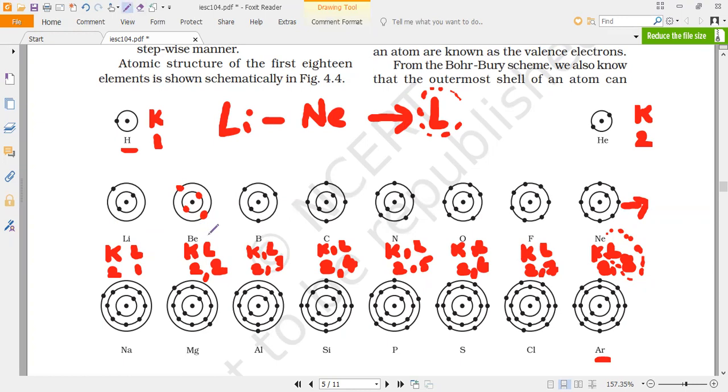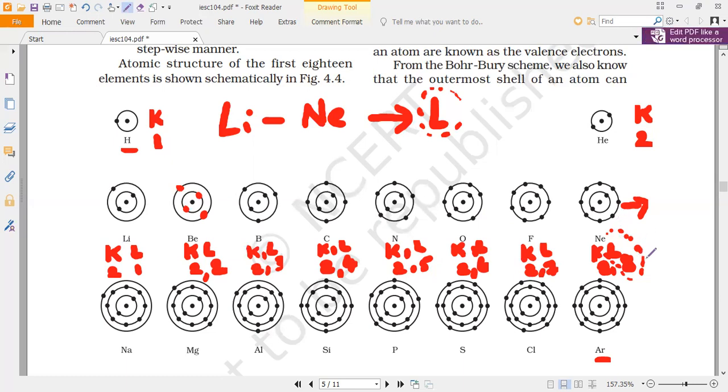Beryllium, valence electrons, 2. Boron, 3. Carbon, 4. Nitrogen, 5. Oxygen, 6. Fluorine, 7. Neon, valence electrons.